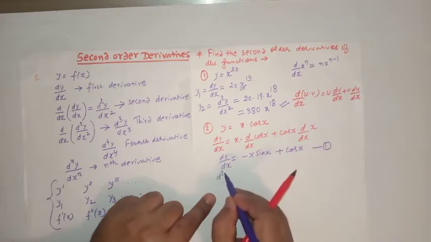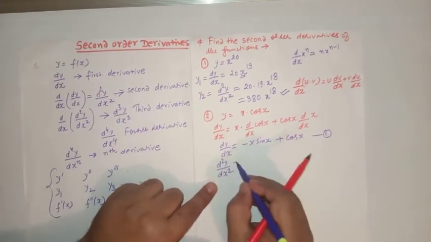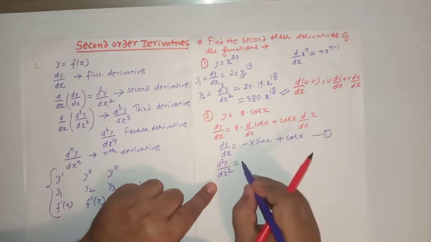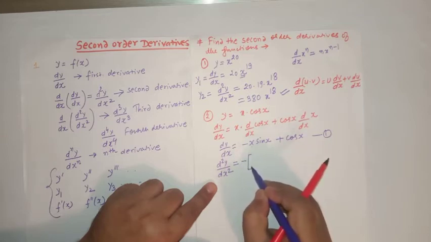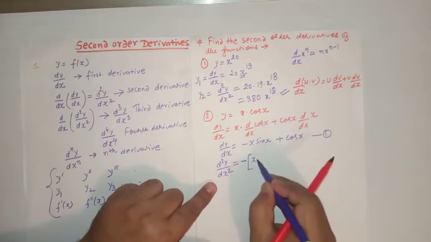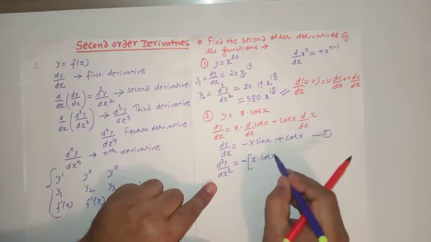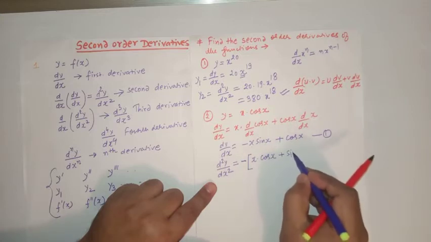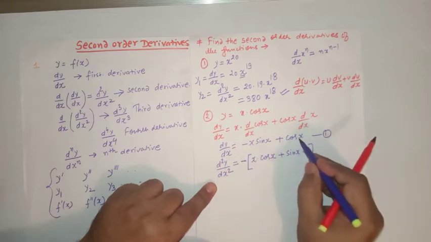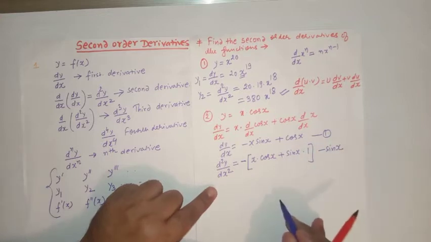Now the second derivative is d2y over dx2, and again we'll apply the product rule here. So we have minus outside here. Now this is u, this is v, so we'll apply x, derivative of sin x is cos x, then we have sin x, and derivative of x is 1, and the derivative of cos x is minus sin x, right?